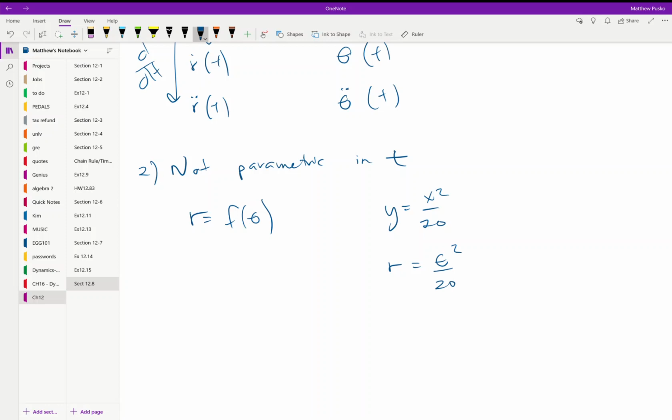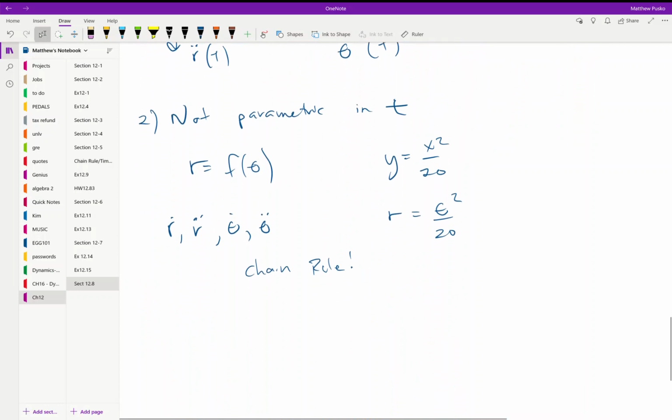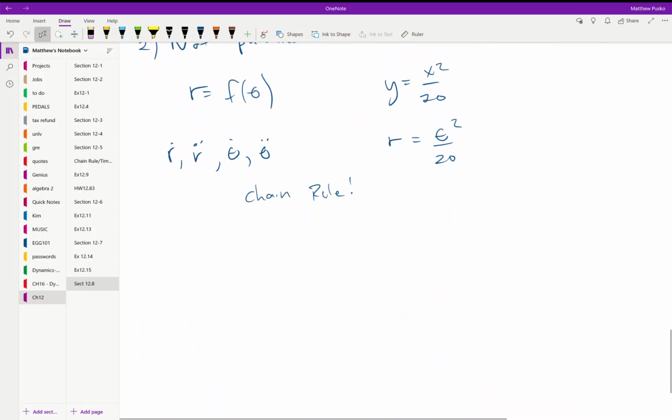And to find r dot, r double dot, theta dot, and theta double dot, you'll probably have to use the chain rule. Or you will, for sure. When I said chain rule up here, this just meant we could have a composite function. You're definitely gonna probably have to use the product rule. Just get familiar with all your calculus and your easy functions so you can just crank those answers out.